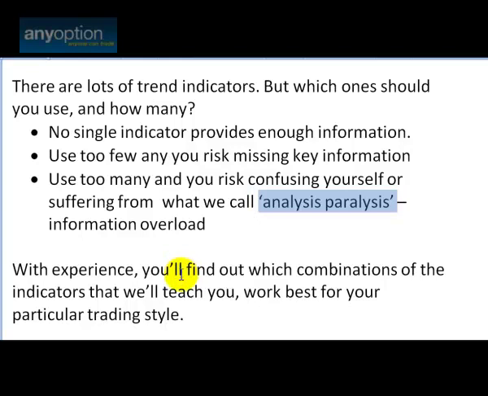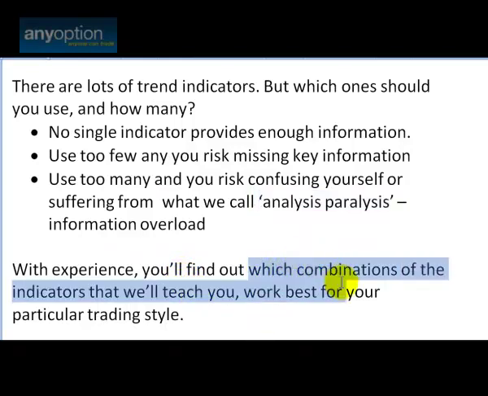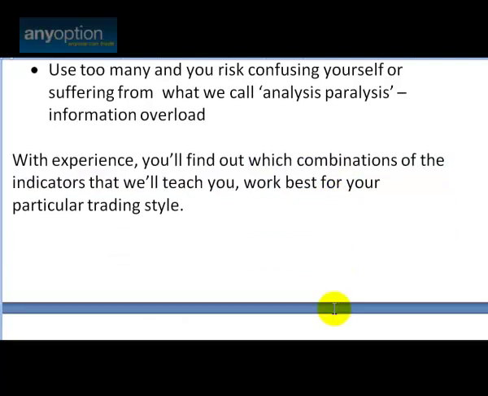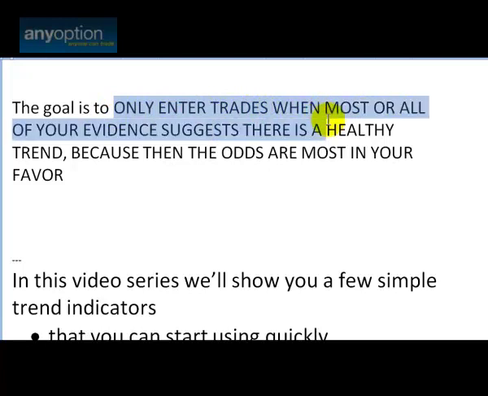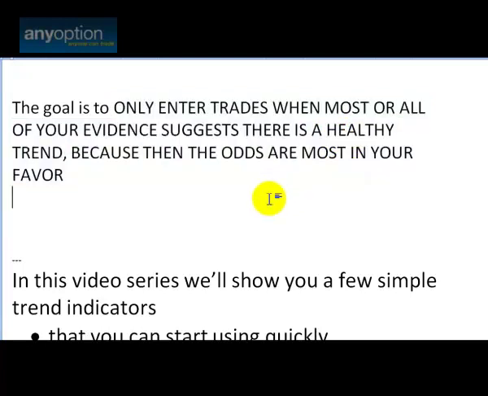And with experience, you'll find out which combinations work best for you and your particular trading style. The goal is to only enter trades when most or all of your chosen evidence and indicators suggest there is a healthy trend, because then the odds are most in your favor.